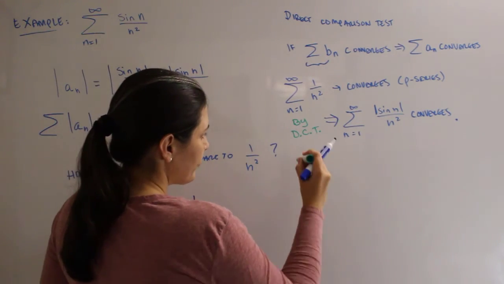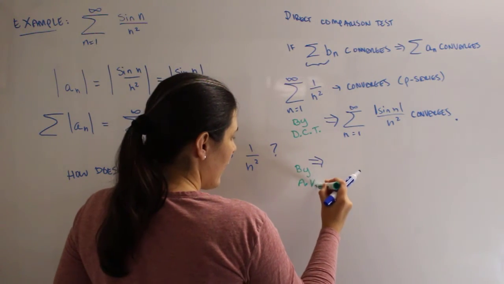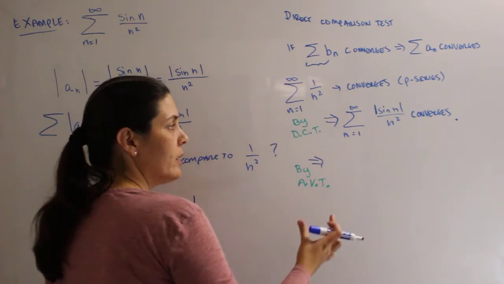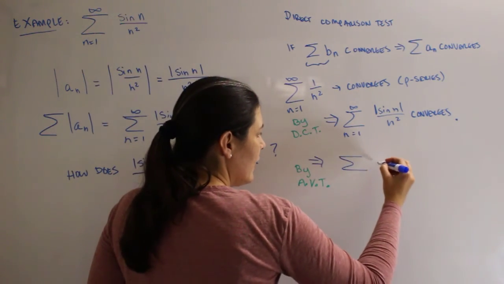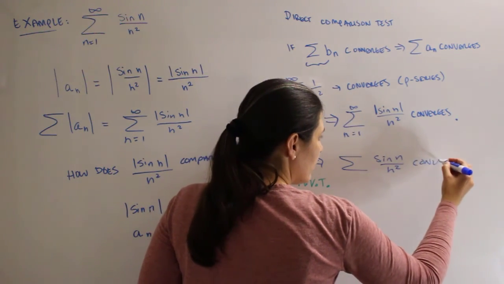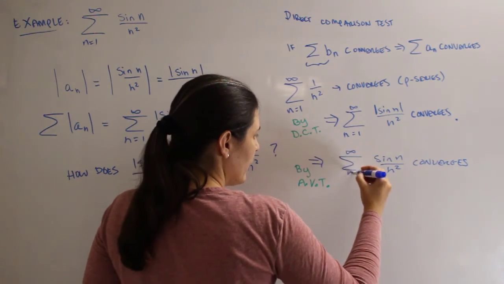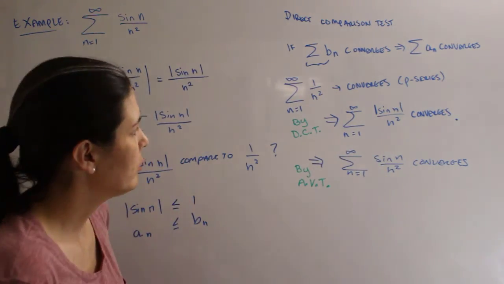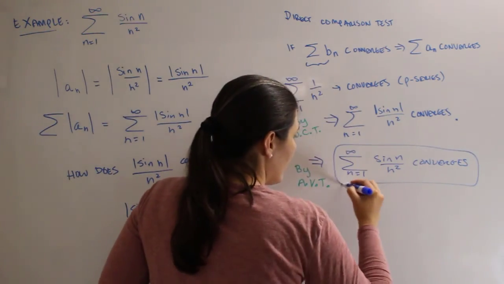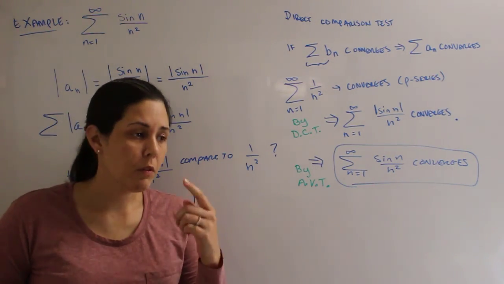So now we're going to say by the absolute value test, if the absolute value of the series converges, then the regular series also converges. You could say converges absolutely or just converges. Okay? And then that way we were able to conclude something about this original series. And there it is. Okay, so in the next video we will talk about the ratio test.